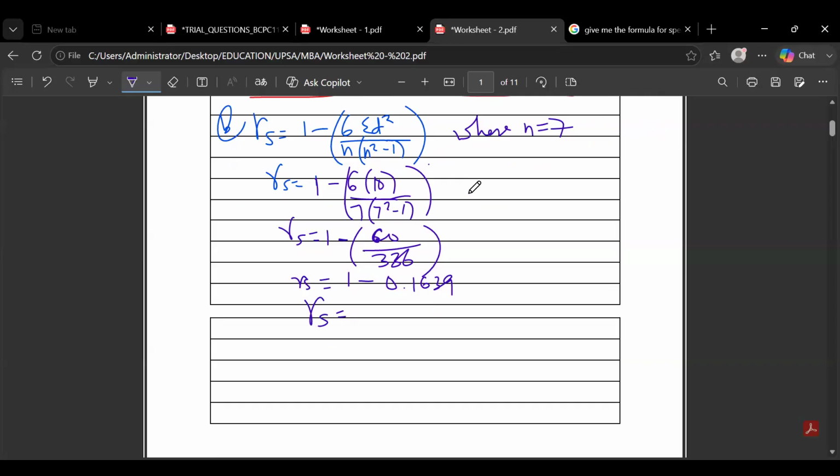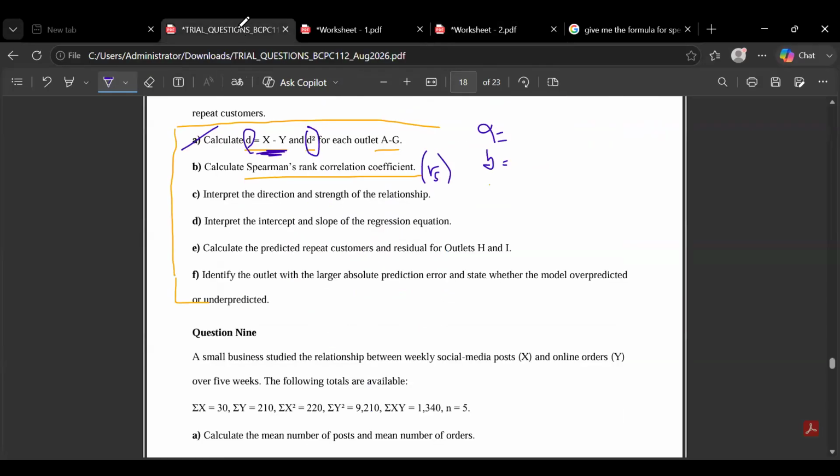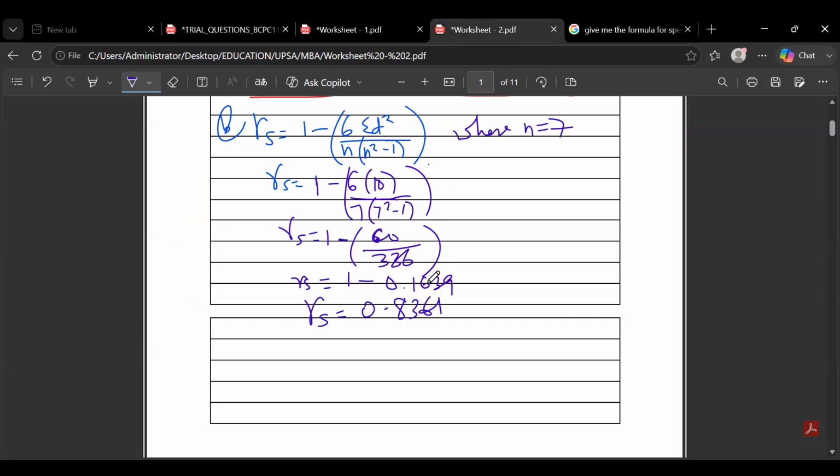Our RS is 0.8361. That's our RS. Yes, that's the Spearman's rank correlation coefficient. This is the value, so we are done. We double underline this.